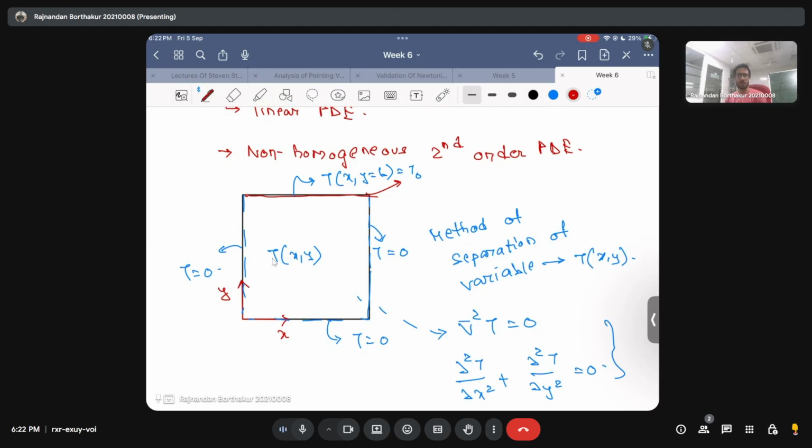So this is typically the whole idea behind solving this Laplacian equation. And of course T naught, as I said, is greater than 0. Meaning that you have imposed a non-zero face temperature on one of the faces, and you are interested to know how the temperature profile looks.